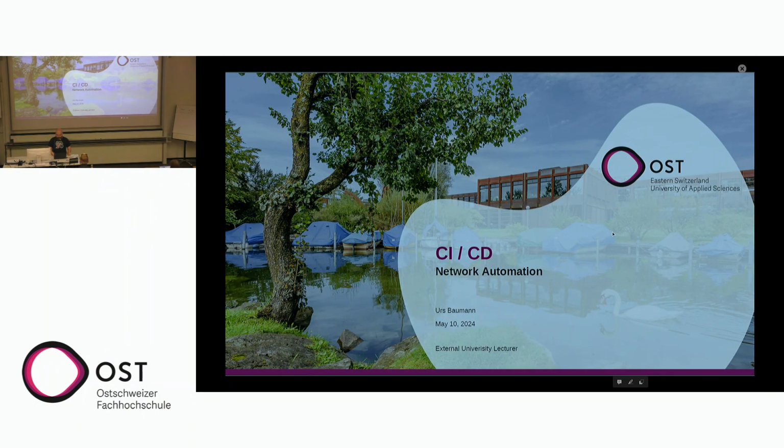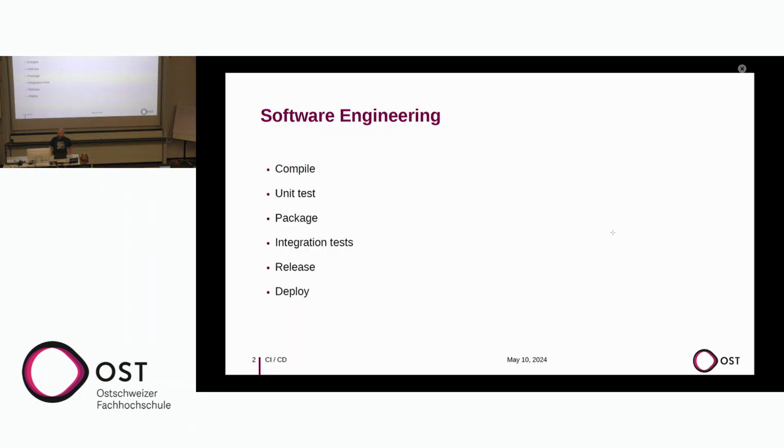When we talk about software engineering, this is what came to my mind, where we want to have automation, where we want to have CI/CD pipelines, right? Depending on what kind of language we are using, when we want to run our program, we need to compile it, we need to have unit tests, we need to package it, we have to make an artifact.